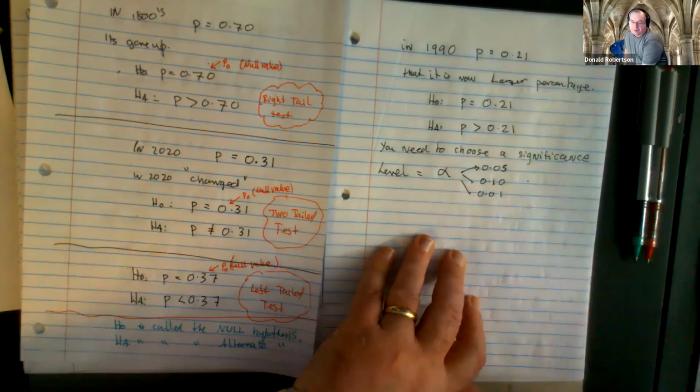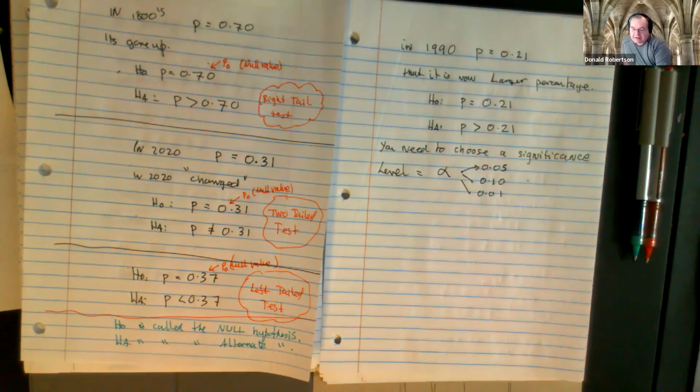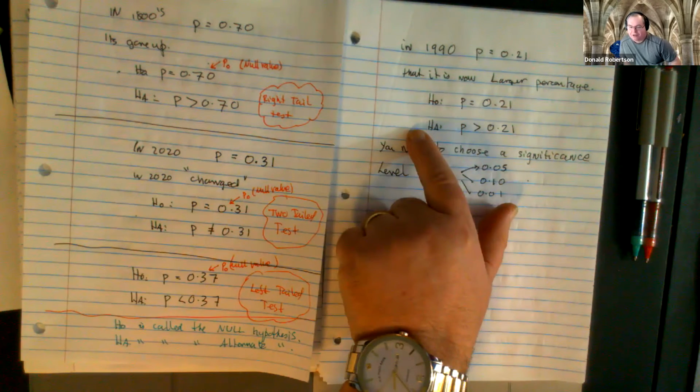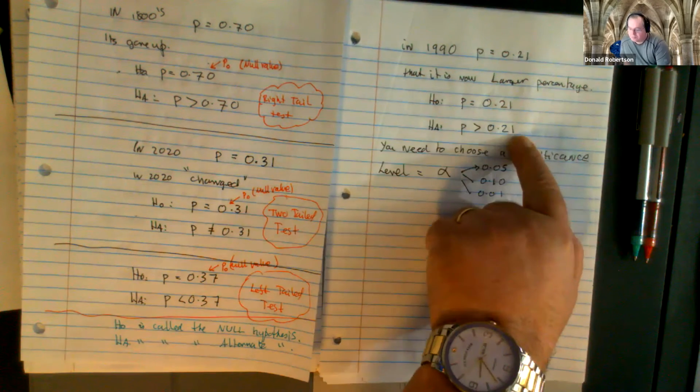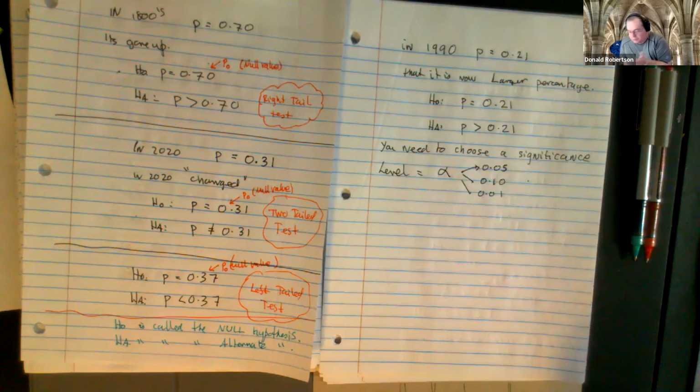They're the most common values for alpha. Alpha is the number that you're willing to live with, because alpha is basically the percentage of times that you are going to get your hypothesis wrong. In other words, you're going to say, yay, hey guys, I've proved it, but you were wrong. You proved it, but it wasn't really true.